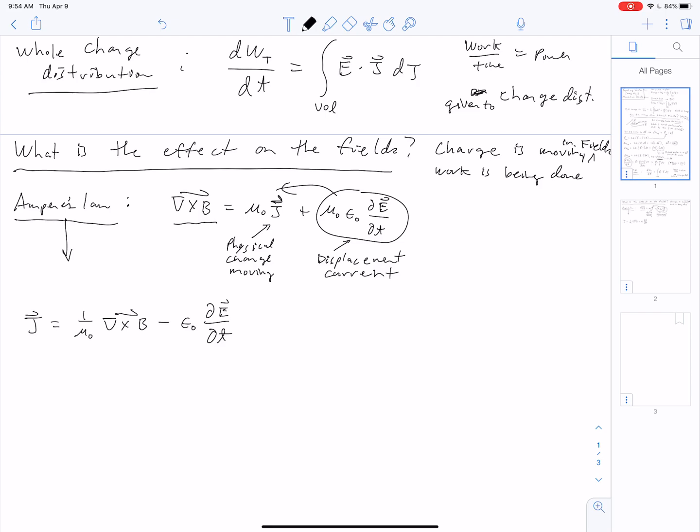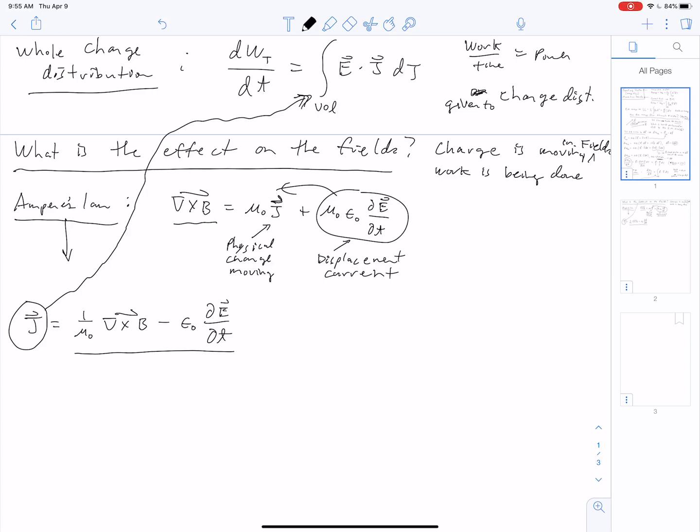And so we see that we can write J, the physical charge that's moving, completely in terms of the fields. This is how we can figure out the effect on the fields of the charge moving, just by making this substitution. So I will now substitute this into this expression.